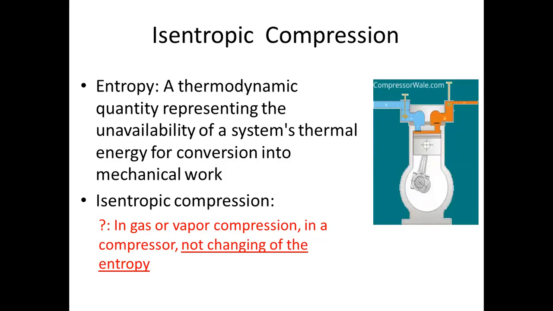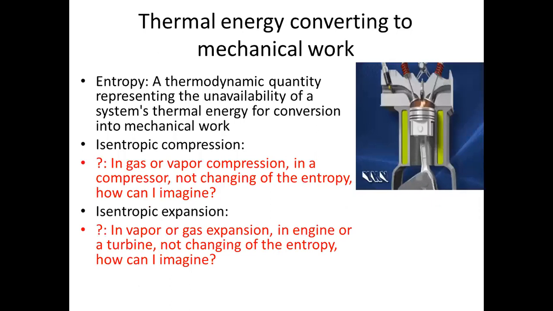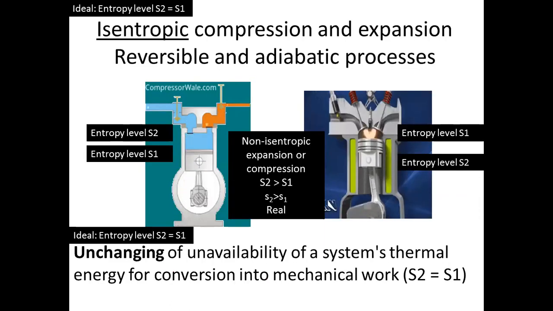So any unavailability of thermal energy for work, and also if work creates some energy unavailability for the thermal processes, that's also not good. And all related to this entropy. So non-isentropic, S2 is greater than S1. So 1 and 2. If isentropic, S2 is S1.